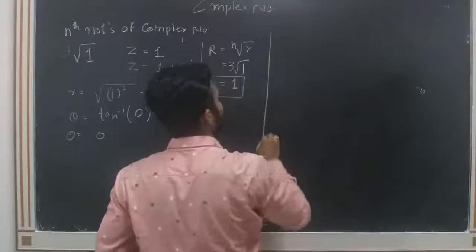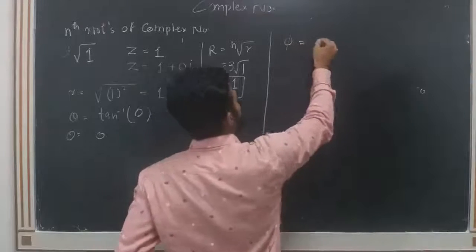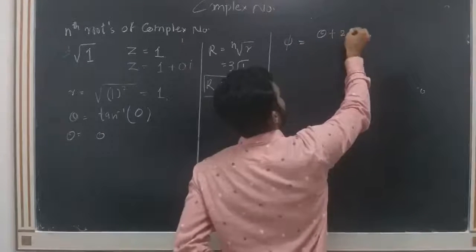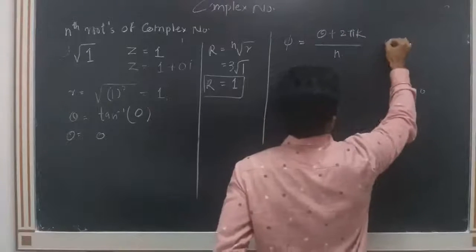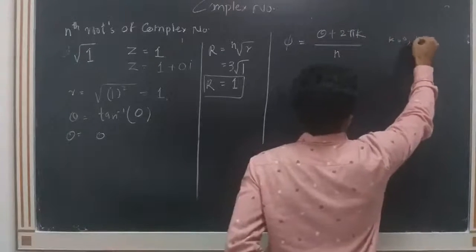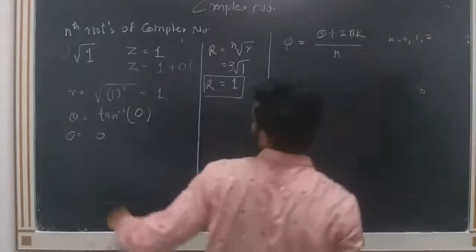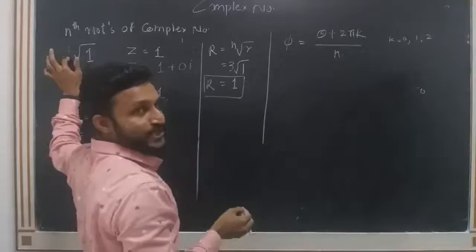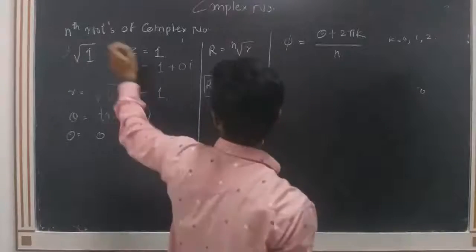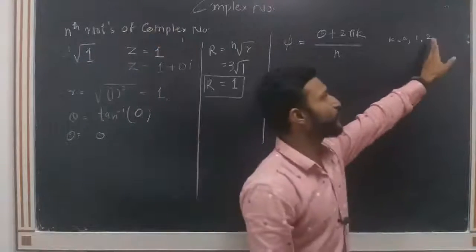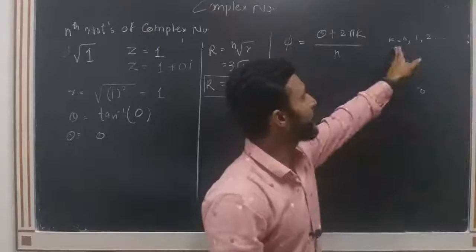Now find phi. Phi is equal to (theta plus 2 pi k) upon n, where k is 0, 1, 2, because n is equal to 3, up to n minus 1. N minus 1 means 3 minus 1, 2. So up to 2 we will put the value of k here.